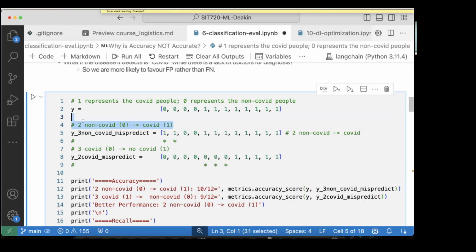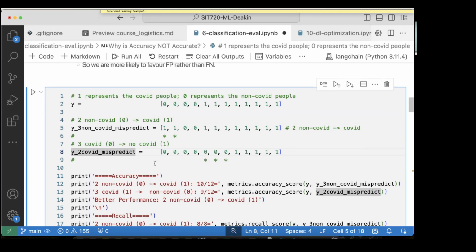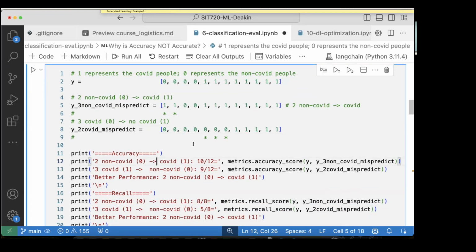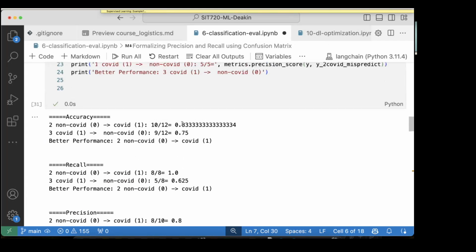So this is the first model's prediction. And for the second model, it predicts 3 COVID people as non-COVID. It doesn't matter, he just goes back home and has a rest, right? So what we prefer is this model, right? So let's look at the accuracy and recall.